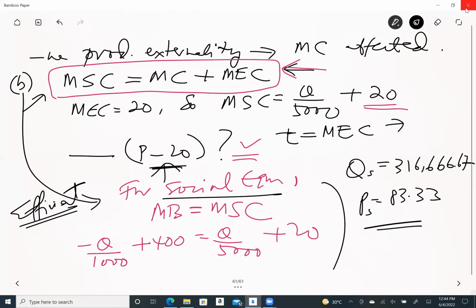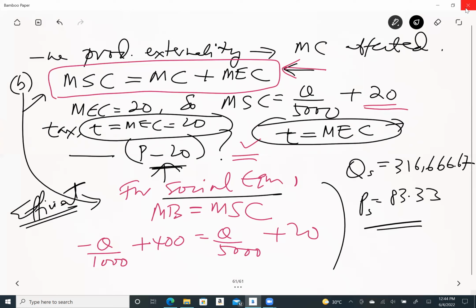You should put also, I didn't put. So we must understand that you input the tax equal to MEC equal to 20. So that is the thing. So the tax, in order to achieve efficiency, you must set the tax equal to MEC.